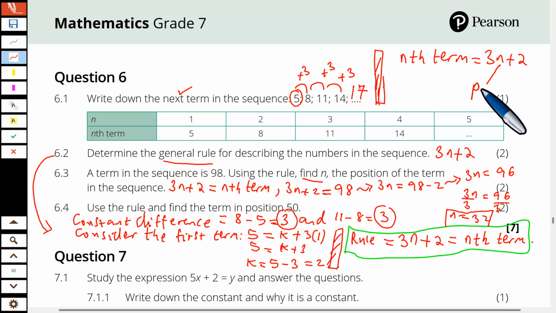This is the position of the term. So the position of the term is n.